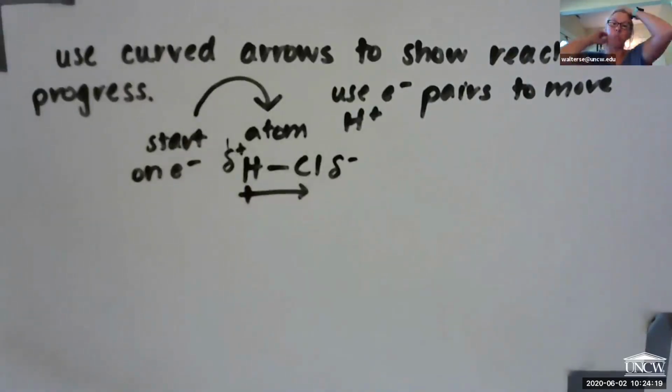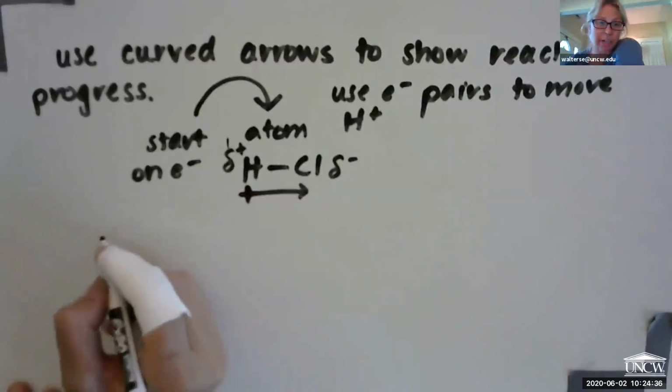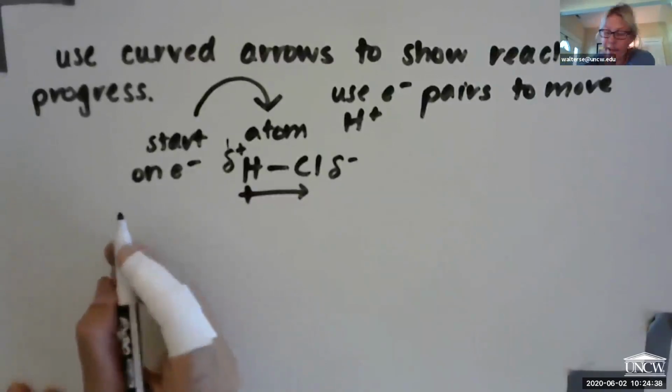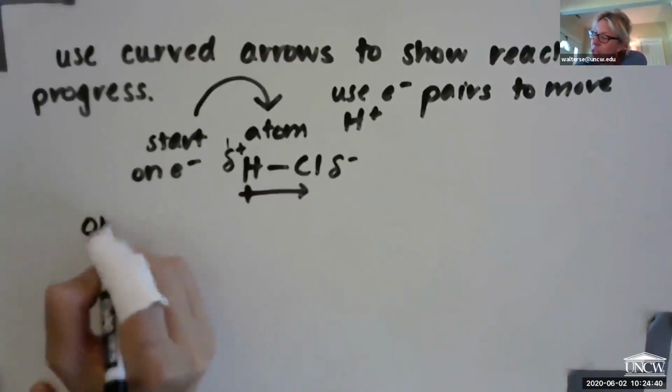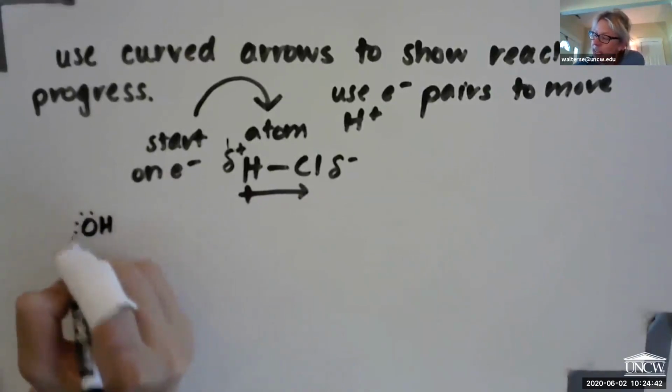Okay, so now for a while, you're going to get the reactants and the products, and you would have to interpret or draw the arrows that would create the products shown. Eventually, you'll do product prediction. Okay. So where we're going to start, I'm going to do one and then I'm going to have you do one on your own, is we're going to take hydroxide.